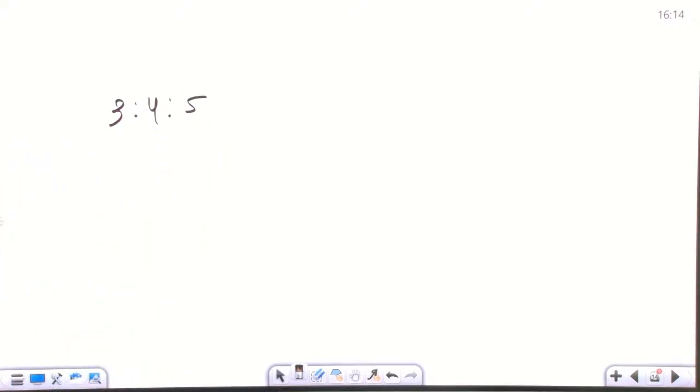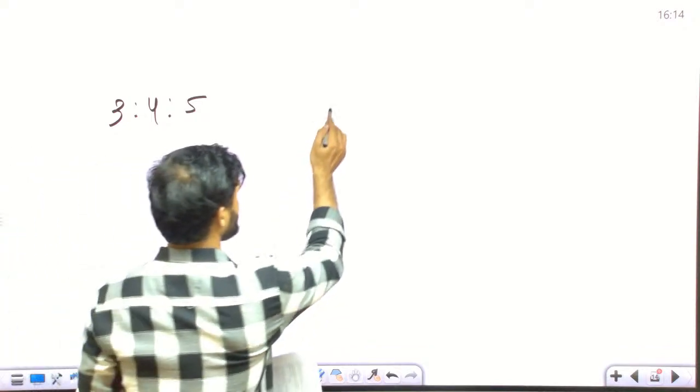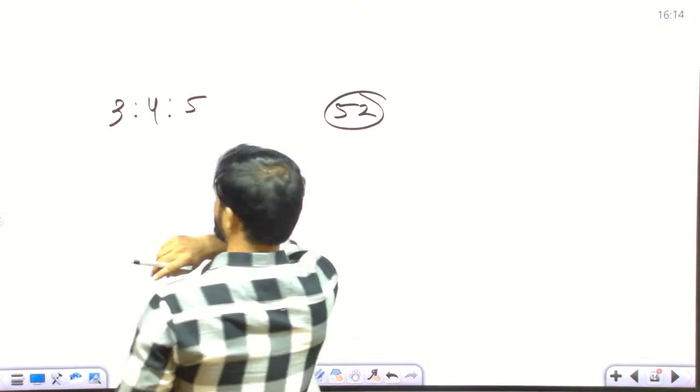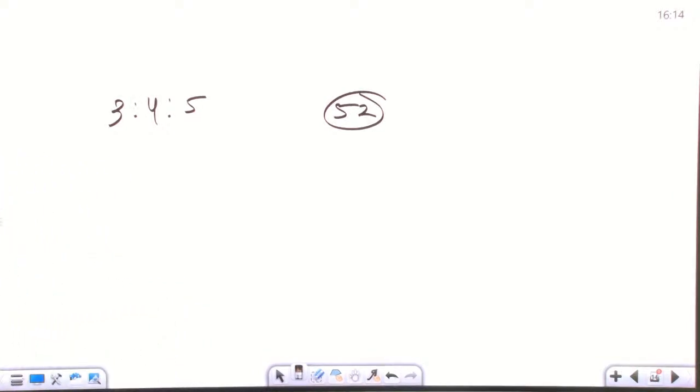The sum of the largest and the smallest equals the sum of the second and 52. Then find the square of the smallest number. Hurry up.